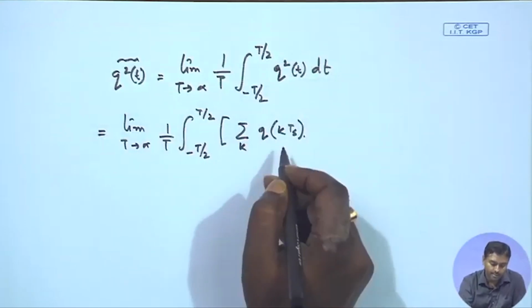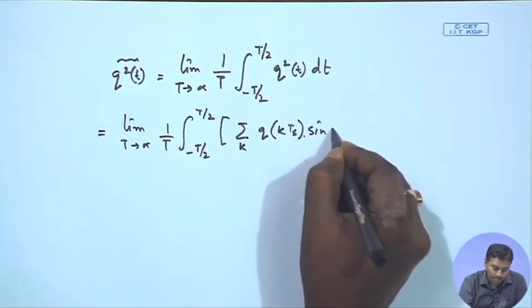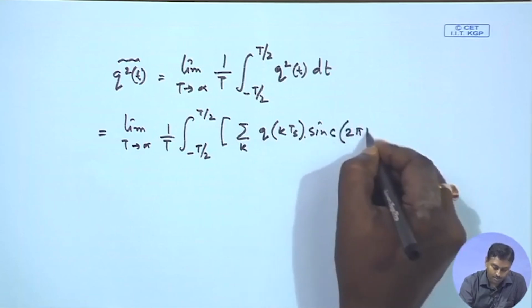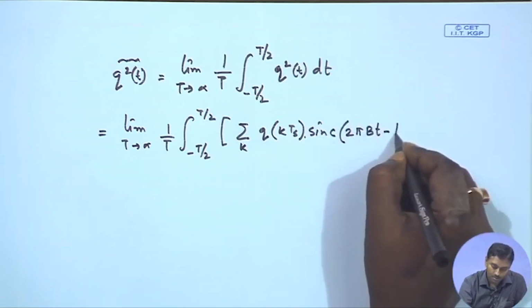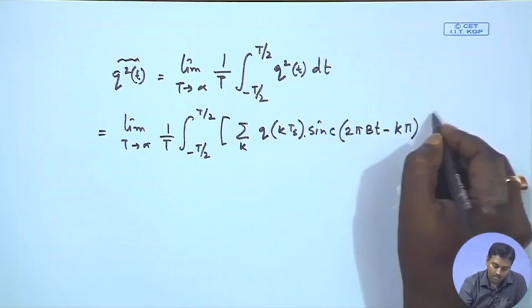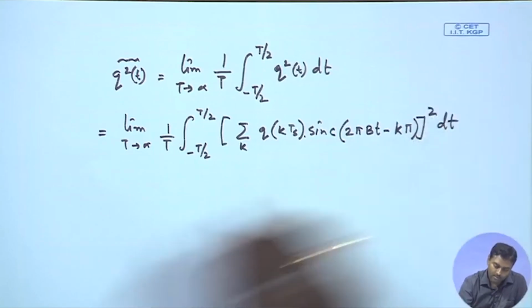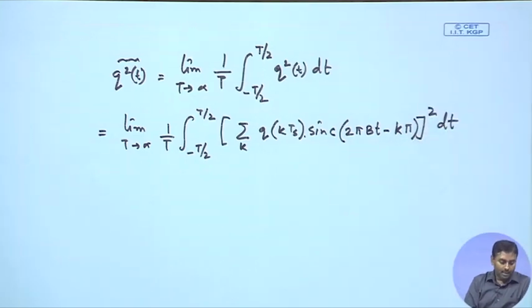So, if I write this, q(kTs) times sinc squared dt, right. Now, this is a homework you can take for your own benefit.